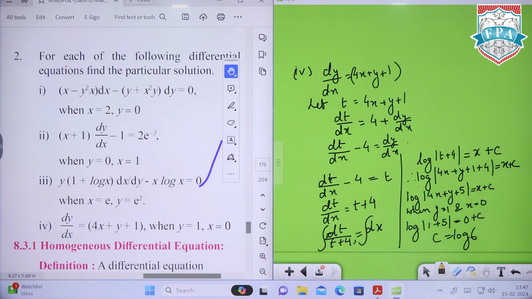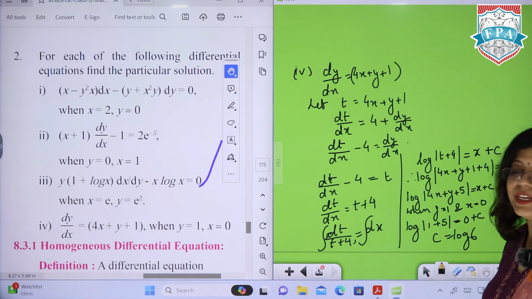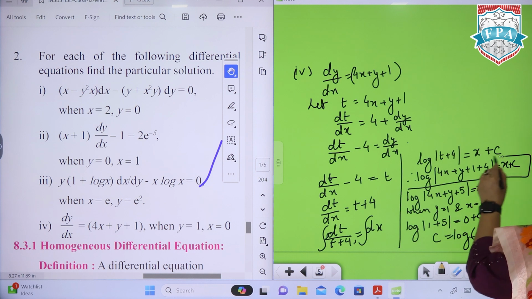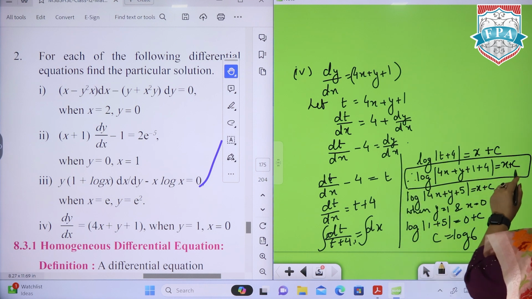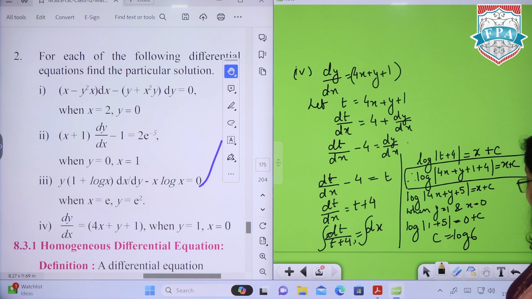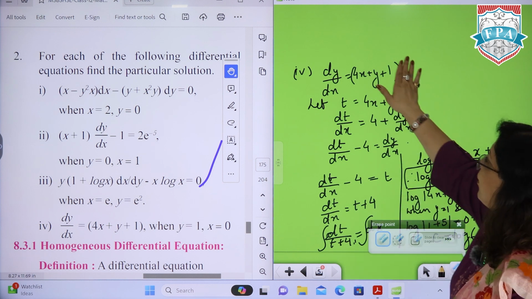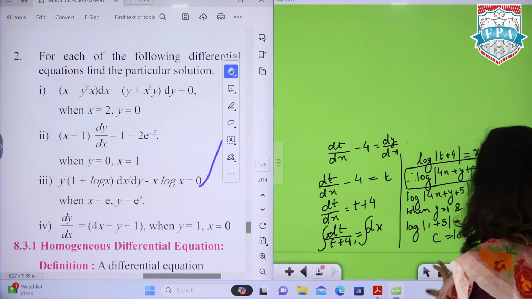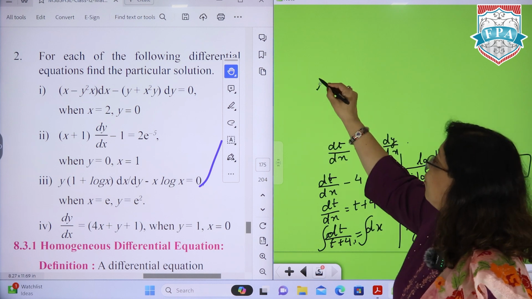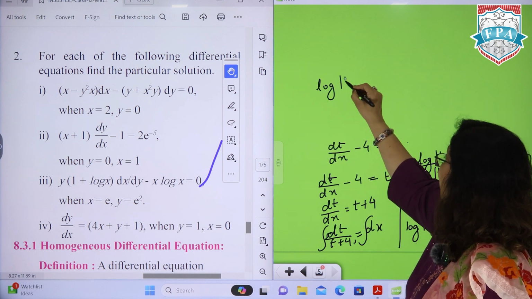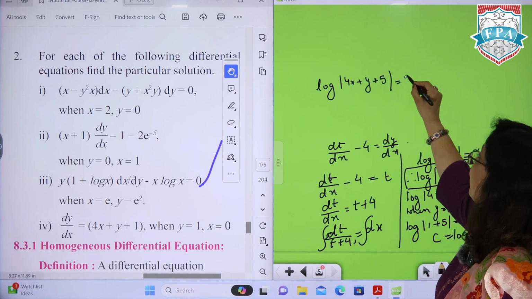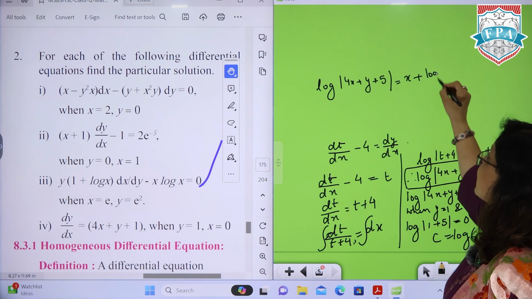And to get the final answer, what you have to do is substitute the value of c in this general equation. I'm rubbing this first part to write your final answer here. So it will come as log of 4x plus y plus 5 is equal to x plus log 6.